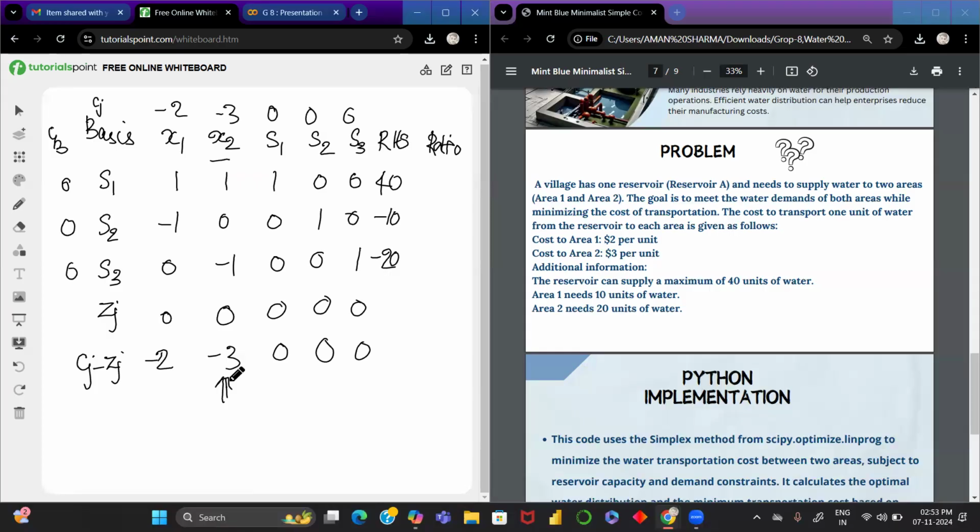And from the RHS, we find the ratio by dividing RHS by x2, that is 40 by 1, so that is 40. Minus 10 by 0 is undefined, so we leave it. And minus 20 by -1 will be 20.